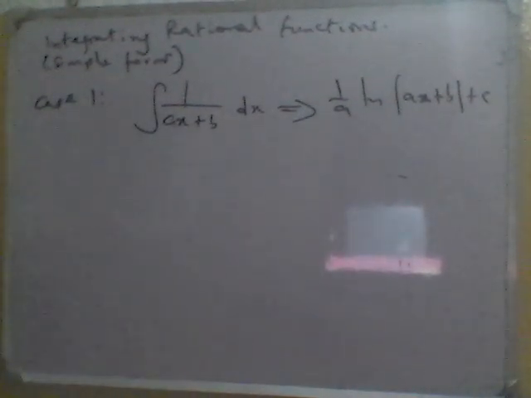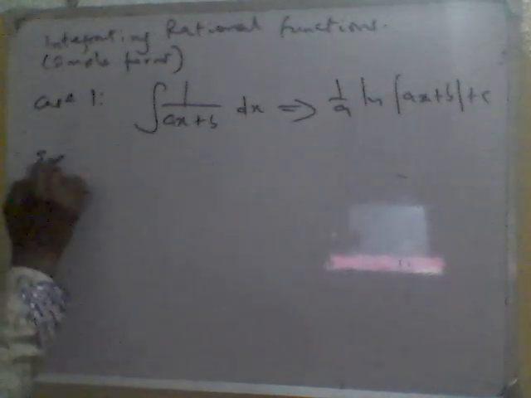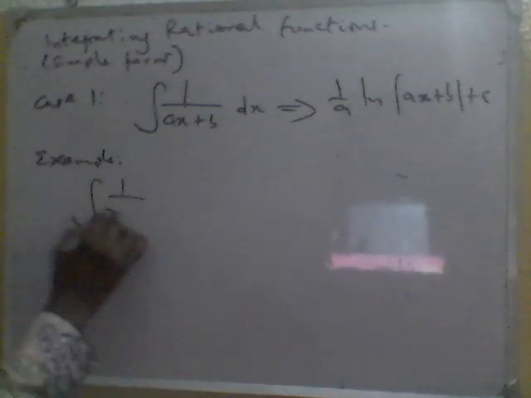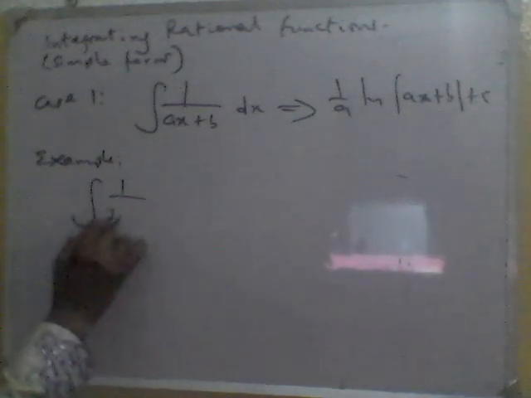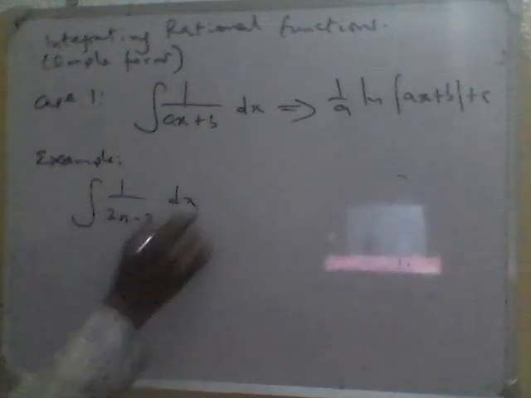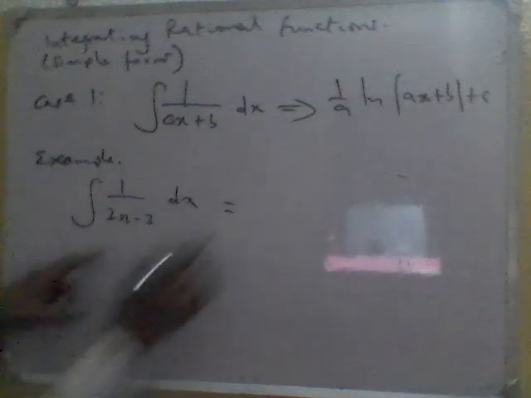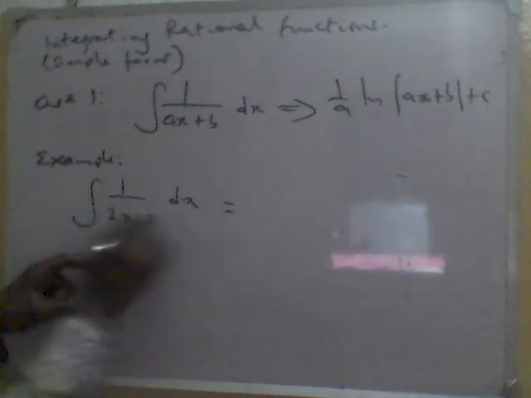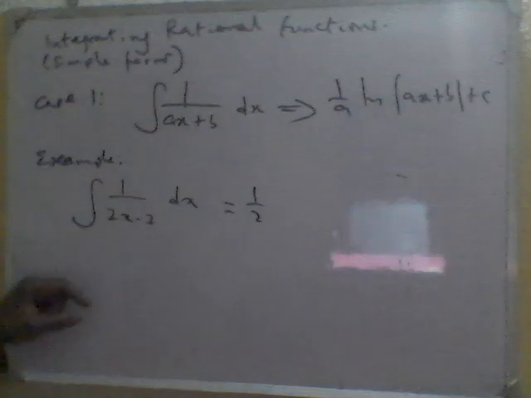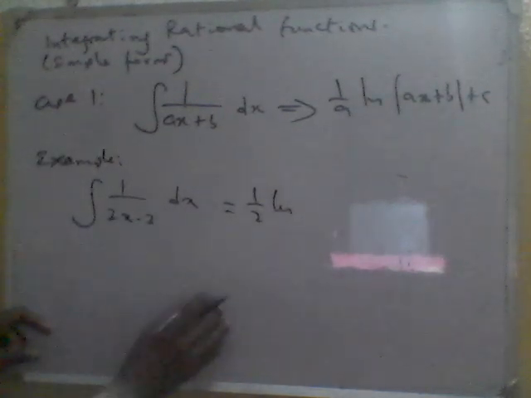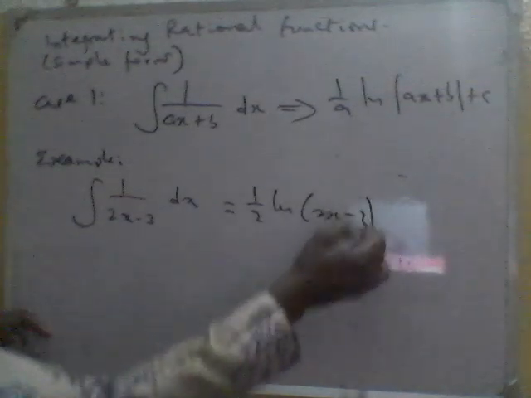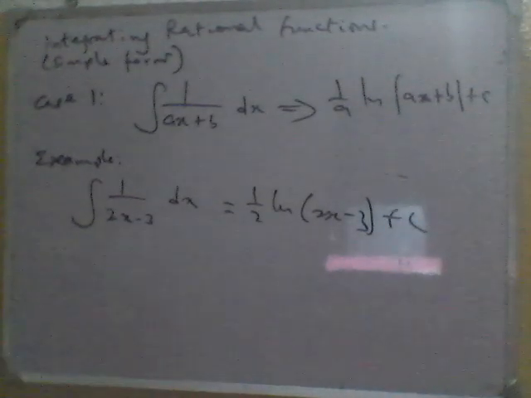So if we have an example like this, the integral of 1 over 2x minus 3 dx. It now becomes, remember I said this coefficient of x comes outside, as 1 over 2 ln of 2x minus 3 plus c. So this one is simple enough.